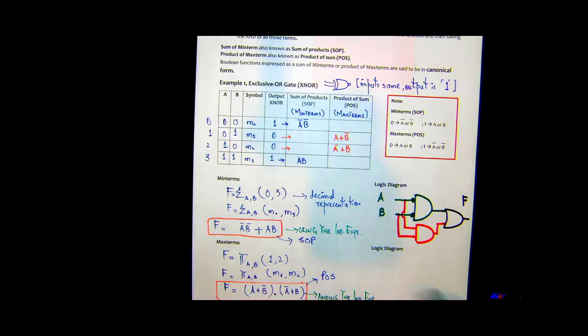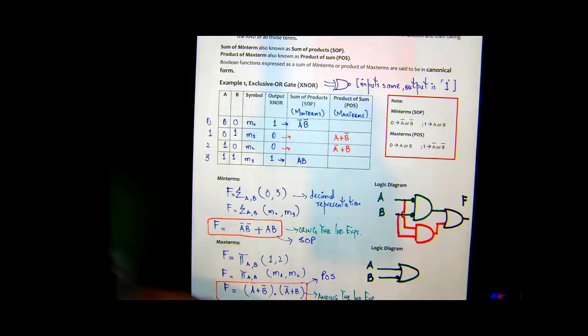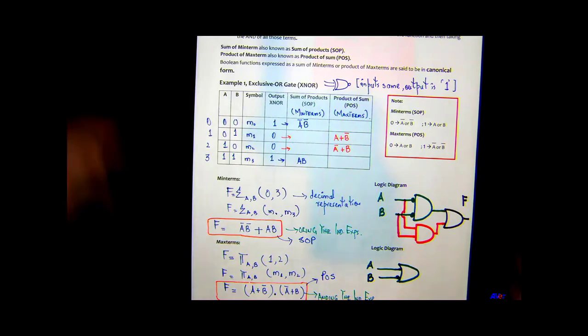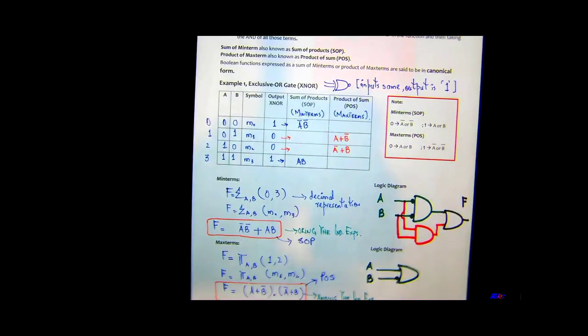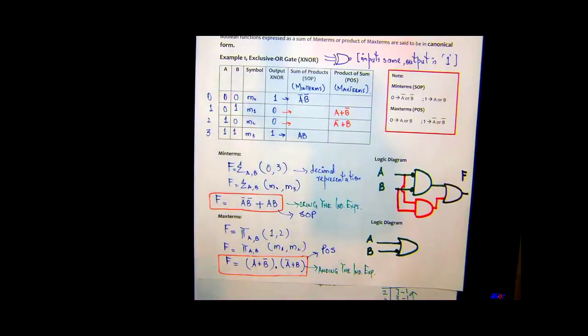Okay, similarly we'll do the logic diagram for this expression. So here I'm going to have two OR gates and one AND gate. This is A plus B bar. Then I'm going to add another OR gate right here.